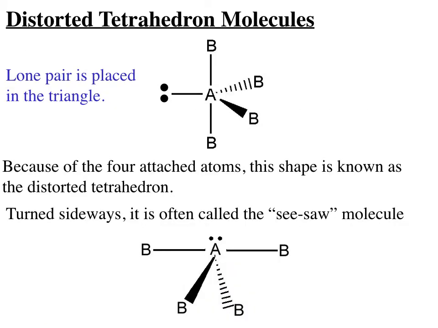Let's look at how we will pictorially represent a distorted tetrahedron molecule. We begin with the shape of the trigonal bipyramid, where there are 3 so-called equatorial positions arranged in an equilateral triangle with 2 axial positions above and below.